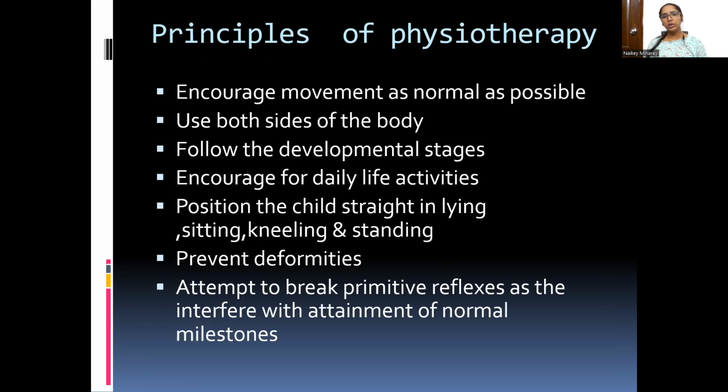Now coming to the important part of cerebral palsy: as I told you, it is a holistic management, but the main management is physiotherapy in addition to other supportive management.